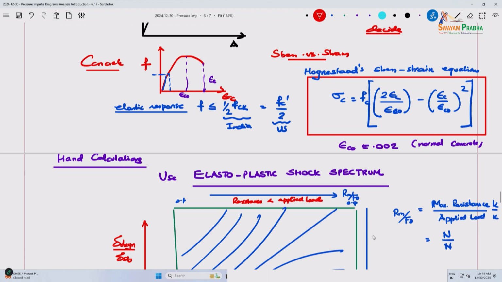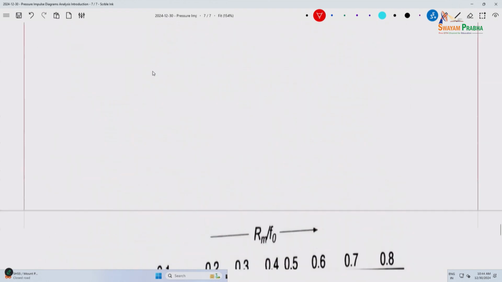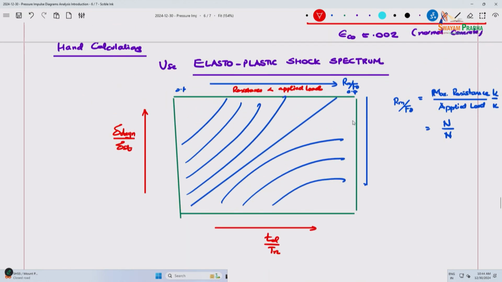And here it goes from 0.9 to 2.0. In this region, the resistance is greater than applied load. And it makes sense, the deflections are dropping. Here the deflections are increasing.